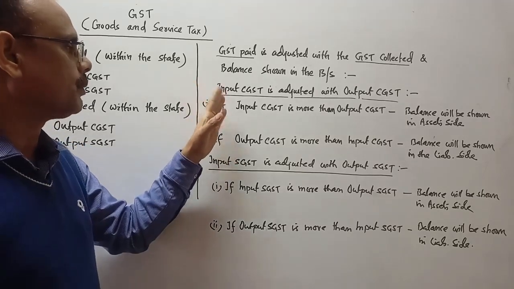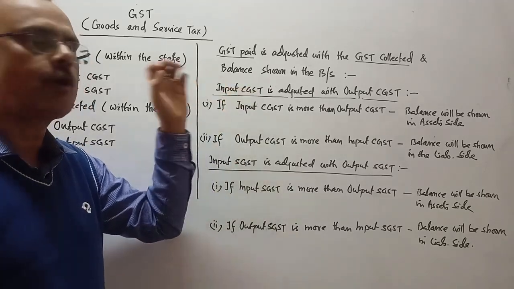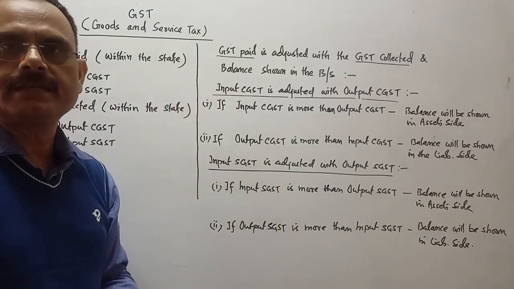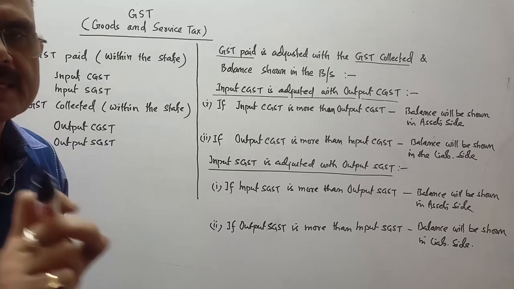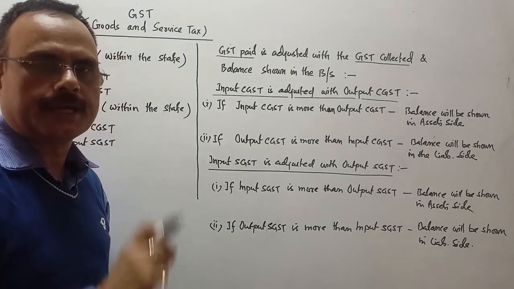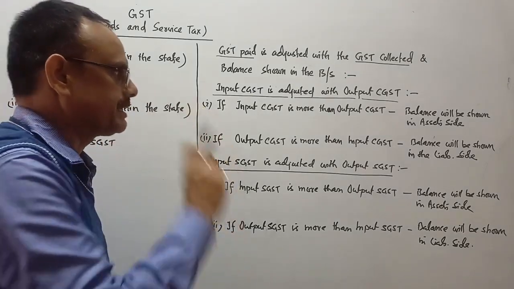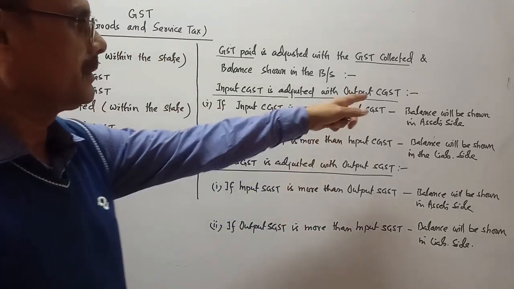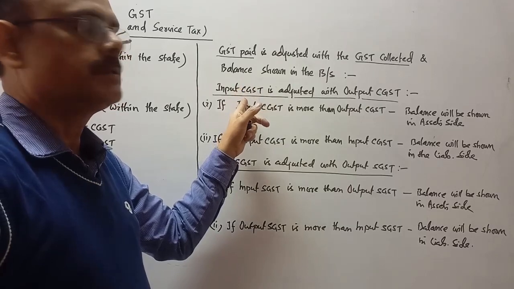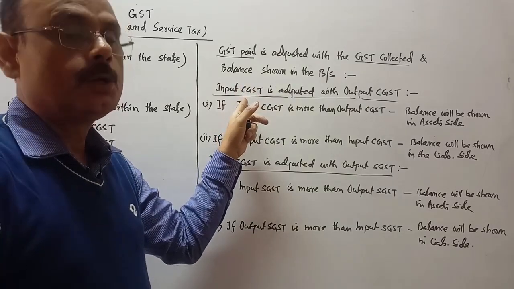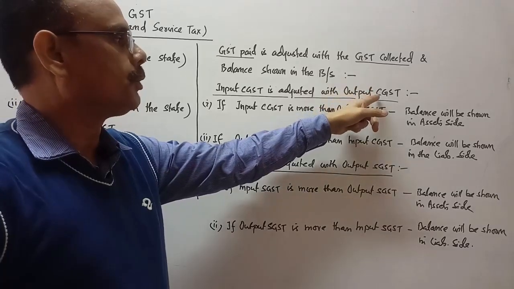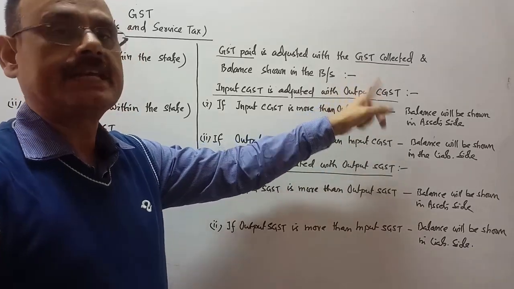So now coming to the CGST, input central GST is adjusted with the output central GST. Input central GST will always be adjusted first with the output central GST.